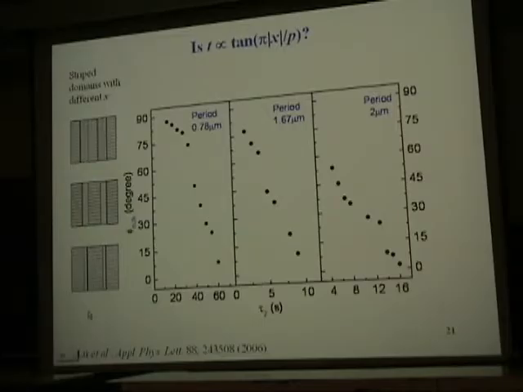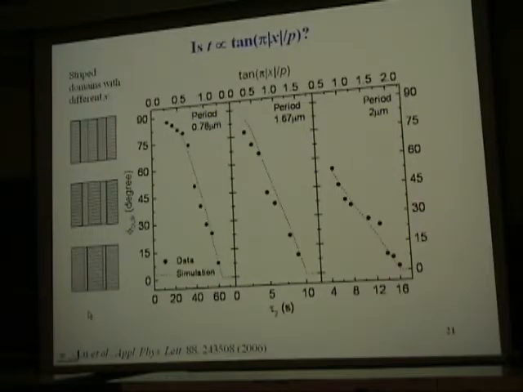I am going to overlay the simulation result on top of these data. We find that by properly scaling this quantity, tangent pi x over p, we can make the simulation overlap exactly with the data. So this confirms that indeed tau 2 is proportional to tangent pi x over p as predicted by our domain wall model.